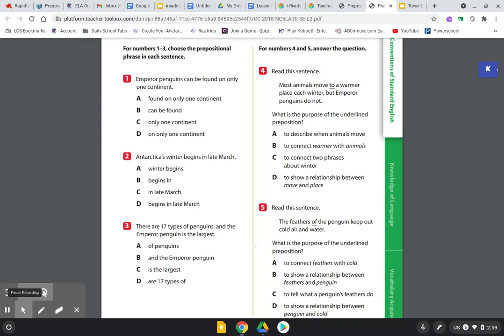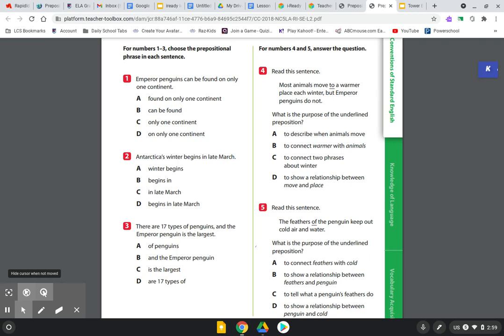For numbers 4 and 5, answer the question. Number 4, read this sentence. Most animals move to a warmer place each winter, but emperor penguins do not. What is the purpose of the underlined preposition? A, to describe when animals move. B, to connect warmer with animals. C, to connect two phrases about winter. Or D, to show a relationship between move and place. Number 5, read this sentence.